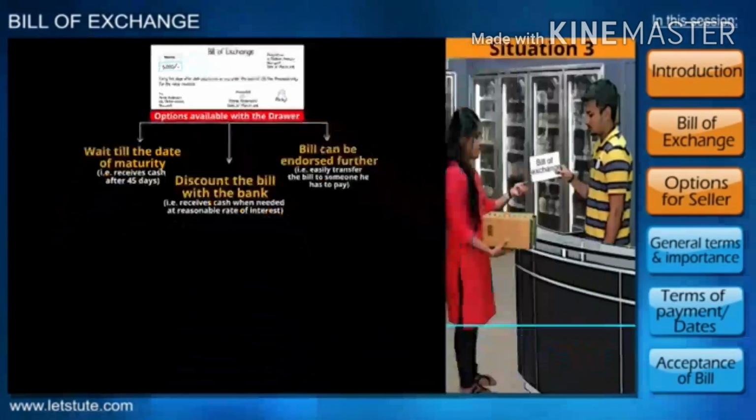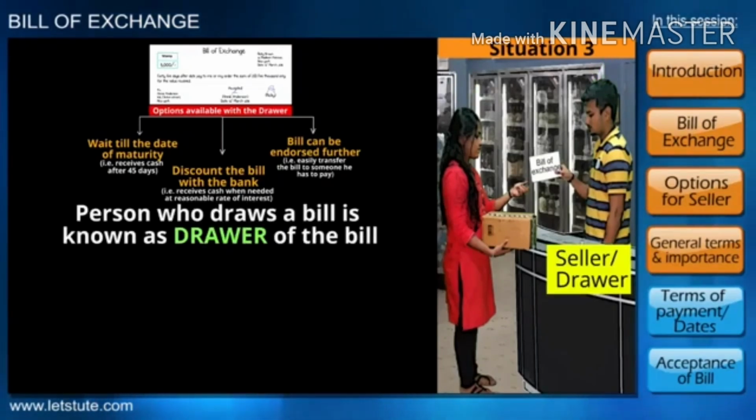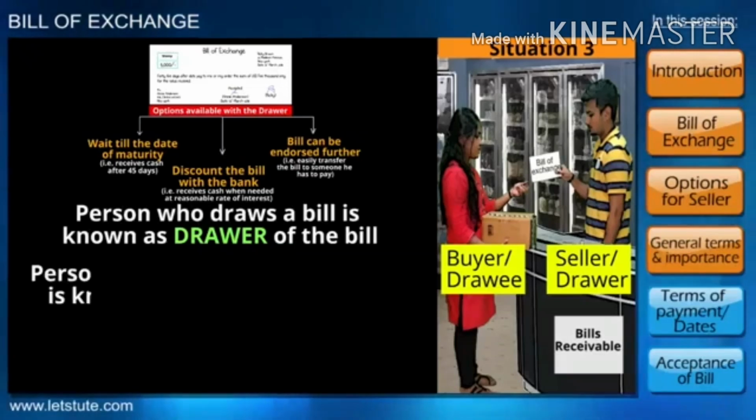Let's understand it through the example we just saw. These are the two parties involved. Mr. Ricky is the seller and also the drawer of the bill. Since he is going to receive cash, for him this instrument is bills receivable, and Miss Annie is the buyer, also the drawee of the bill.